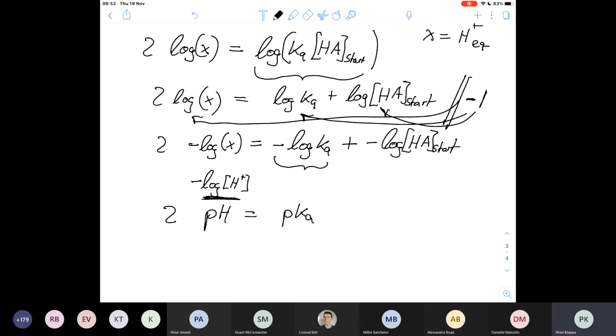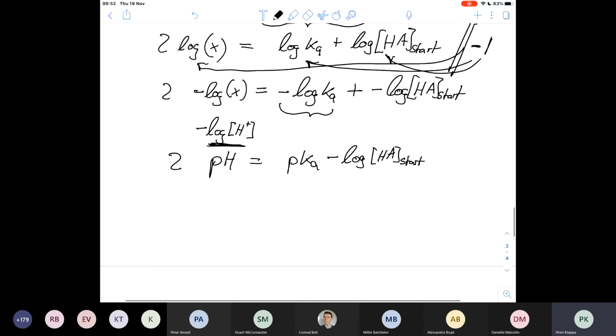So we have, and plus, minus, we can't do anything with that, log of the acid concentration at the start. We don't need to worry about how much has been dissociated. So what I now do is put in brackets, and I divide by 2, because I don't want 2 pH, I want just pH.